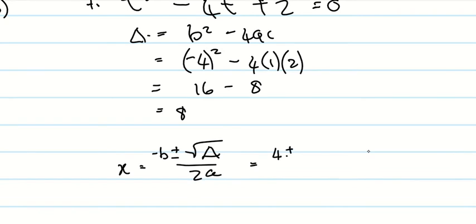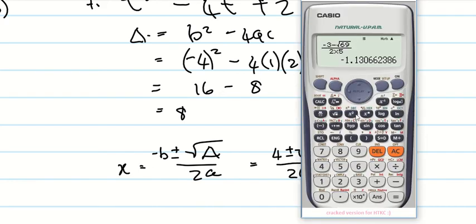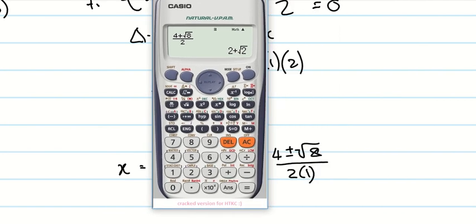I'm going to write plus minus square root of 8 over 2 times 1. Alright, so that's 2. I can go to my calculator and write this in, so that means 4 plus square root of 8 over 2, and then I will have an answer: square root 2 plus 2.